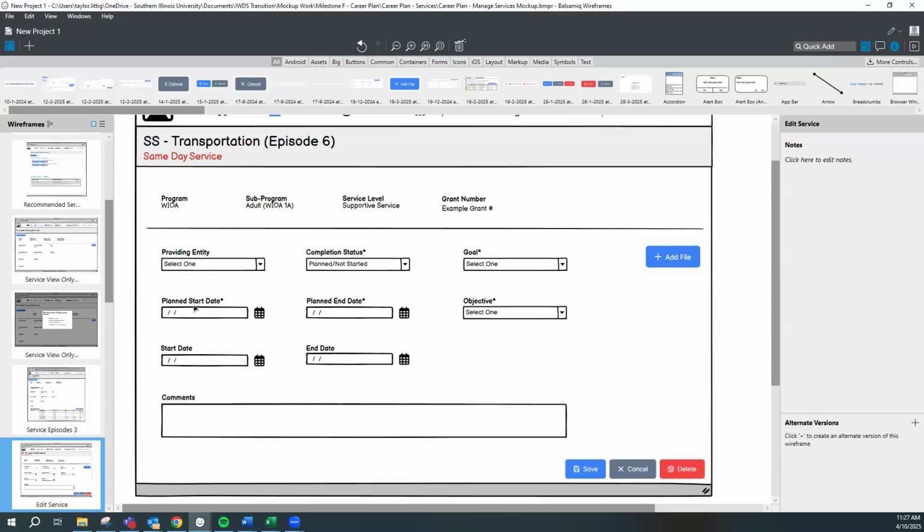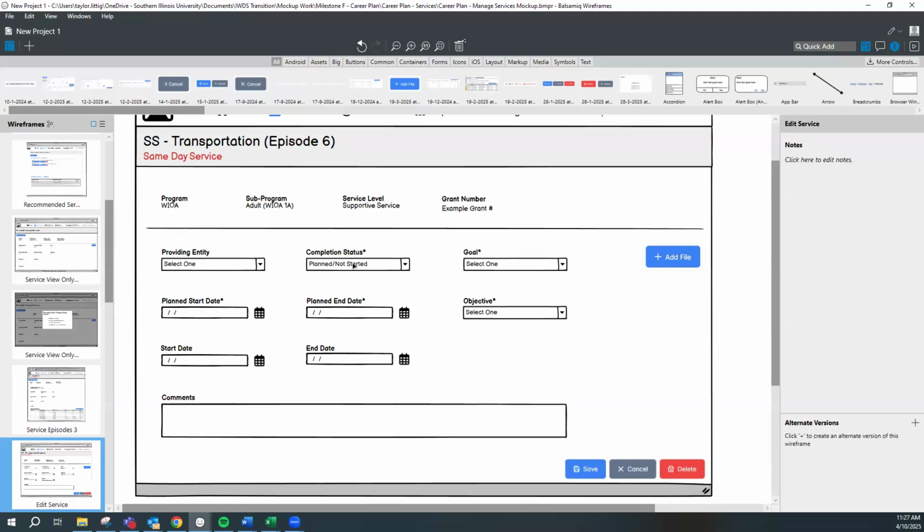So the plan start date and the planned end date fields are going to be required because it's a planned completion status. With it being same day service, once you select your planned start date, it's going to auto populate your end date for you so that they are matching. If it's a non same day service and you do plan not started, it will not auto populate your end date because they could be different dates.